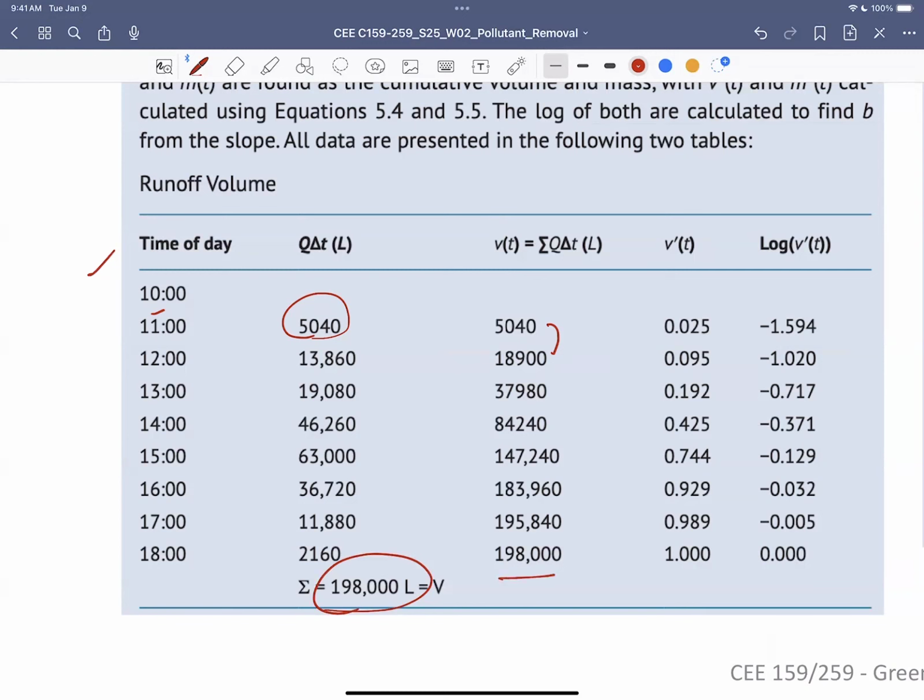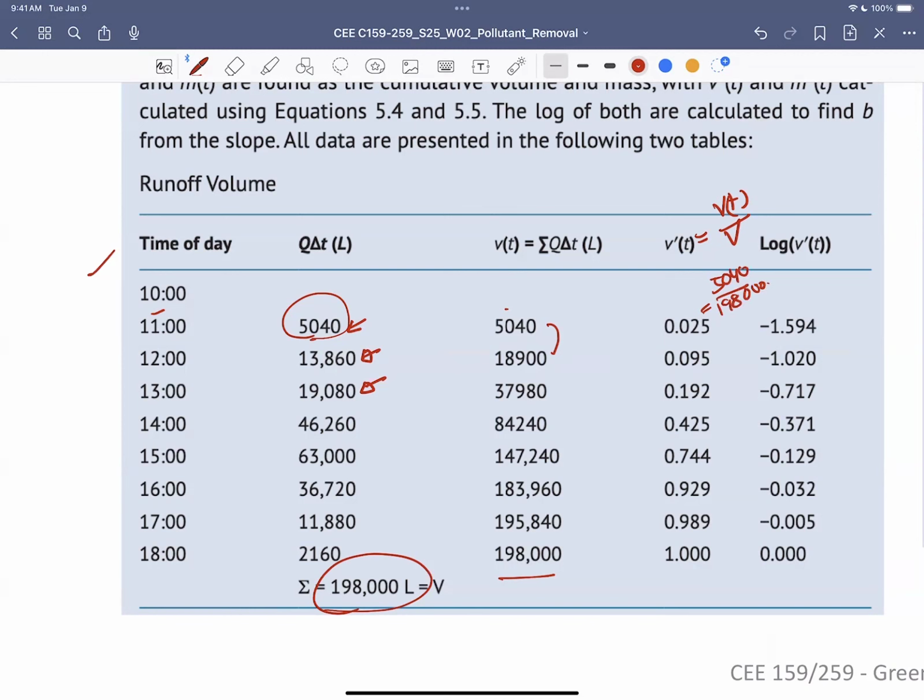So this is the total volume, the total amount of volume discharged. What that means is that at different times, you know how much volume has been discharged, and how much fraction of the total discharge that is. Here this one is basically V_t over V. If you divide this by this, you get those numbers. This is basically 5040 divided by 19800.